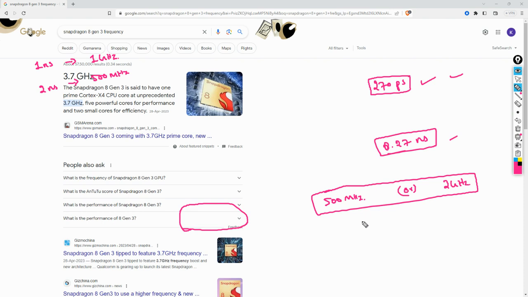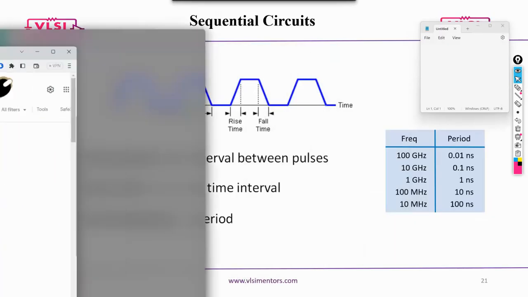That is 2 gigahertz. Okay. So just remember this question. Keep it noted. We will revisit this question probably after a couple of classes. Then you would know your exact answer. Okay. Let's move on.